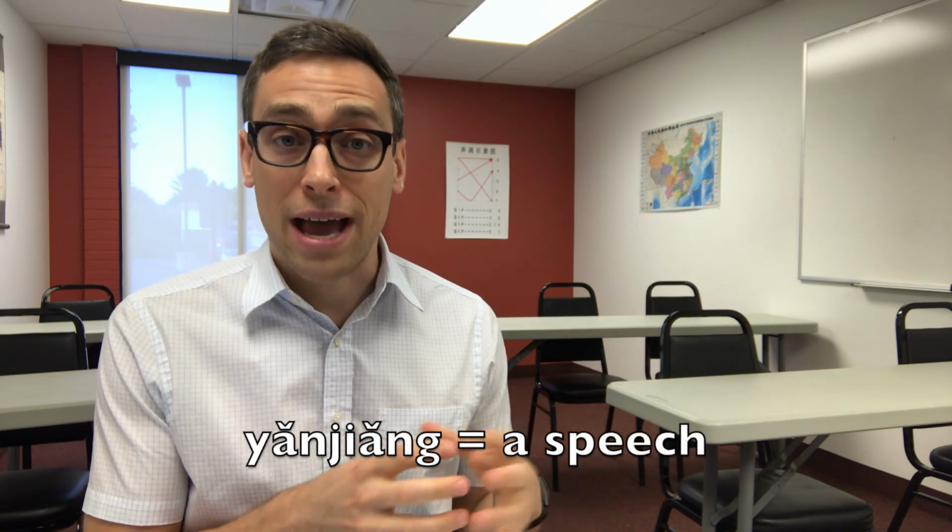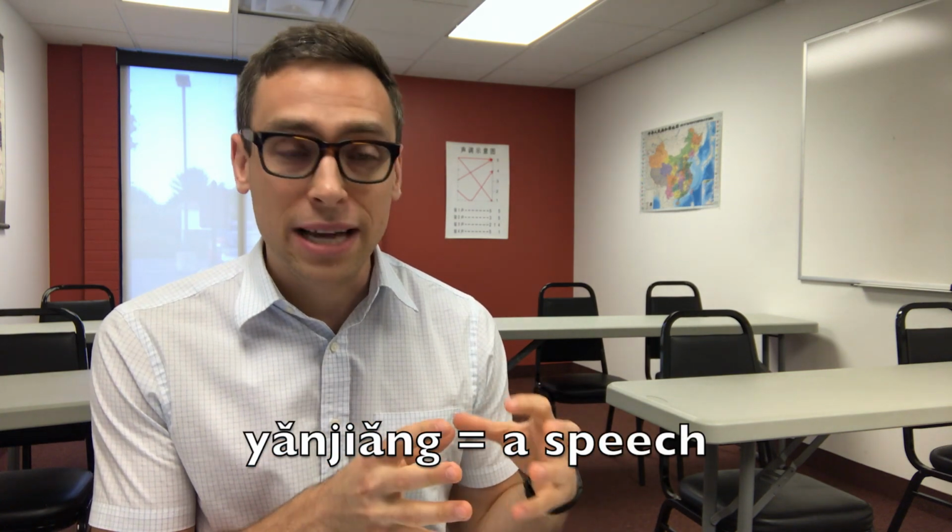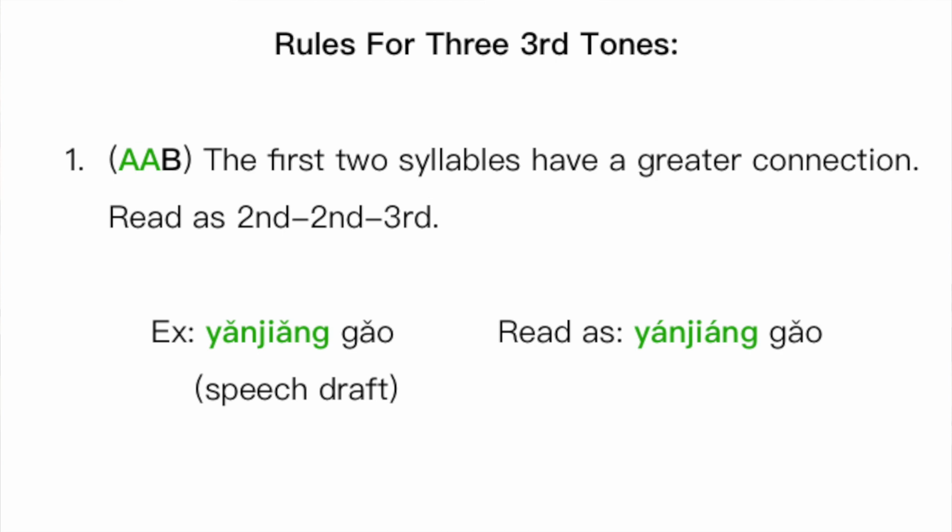This is my 稿. 演讲 is more commonly thought of as a single word by itself. 演讲 means a speech or what you're going to say. So you can think of 演讲 as a word and 稿 as a word, and we're putting them together to form the printed out version of your speech, a speech script, 演讲稿. So 演讲 has more of a connection than 稿.